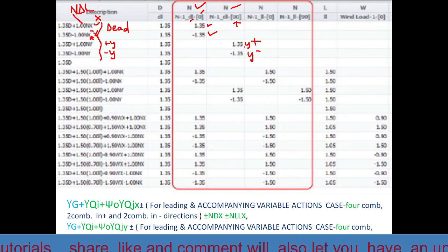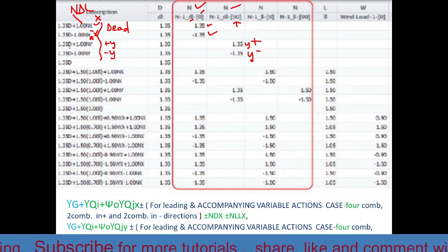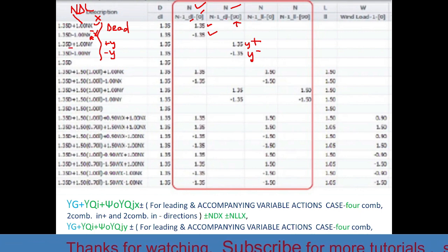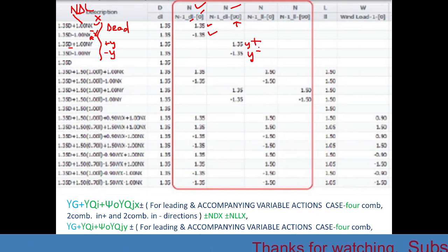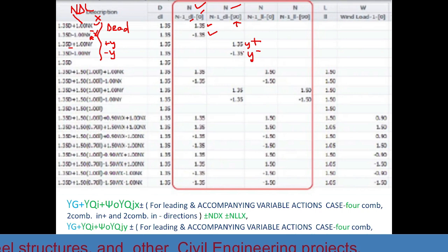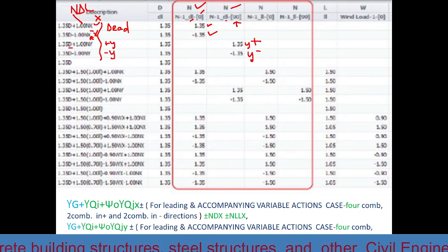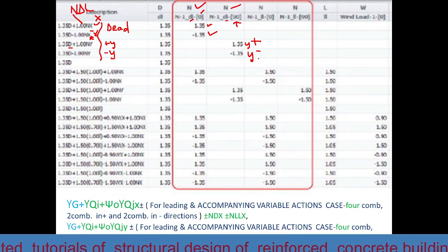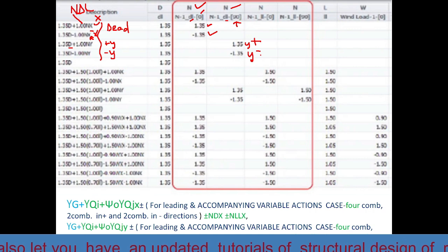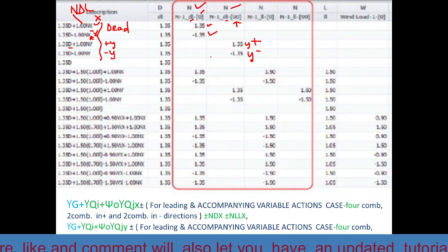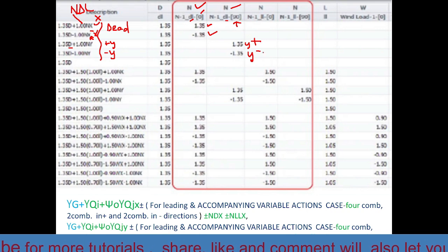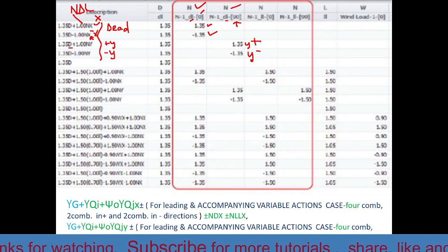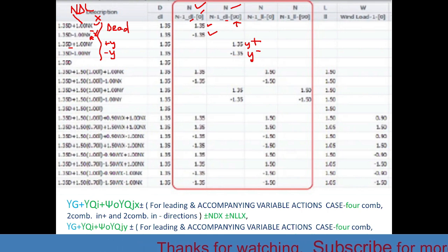That means 1.35 times the dead load will provide the notional load along the y positive direction, and similarly 1.35 multiplied with the dead load will provide the notional load along the negative y direction. So we'll have for gravity load combination here, 2 in positive direction and 2 in negative direction.